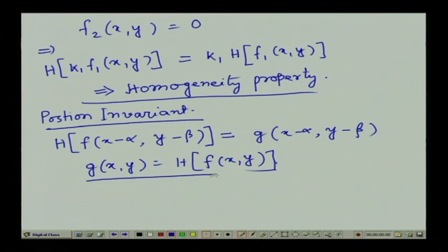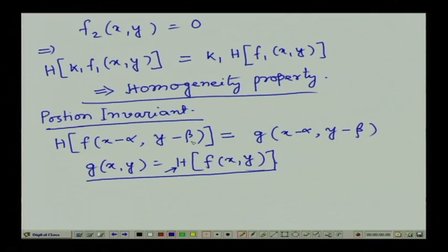So, when this is true, that g(x,y) is equal to H[f(x,y)], then this particular operator H will be called position invariant if H[f(x minus alpha, y minus beta)] is equal to g(x minus alpha, y minus beta), and that should be true for any function f(x,y) and any value of alpha and beta.